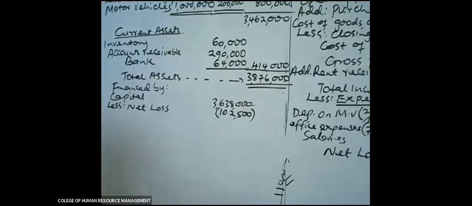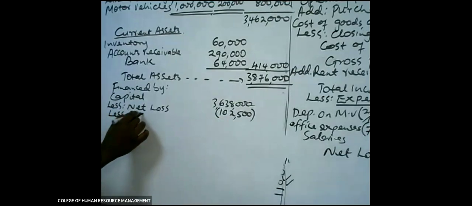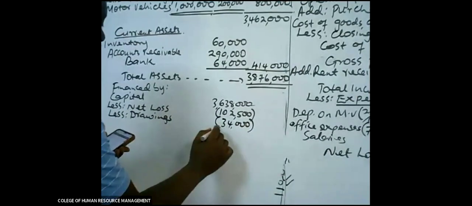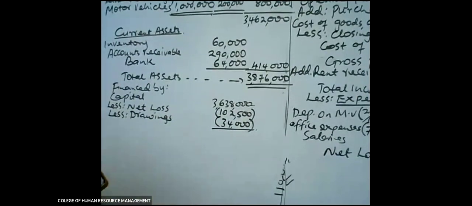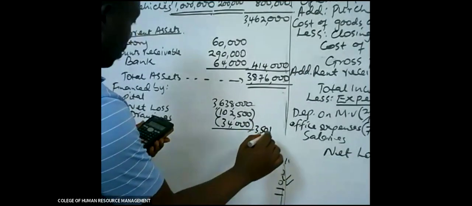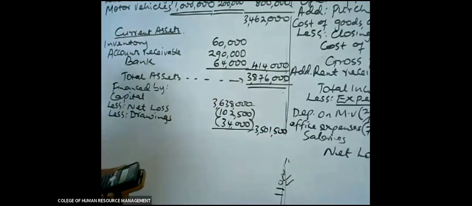We also have drawings, so we also deduct the drawings amount, which is 4,000. That gives us the remaining capital after the loss and the drawings: 3,501,500. That is the capital at the end of the year.